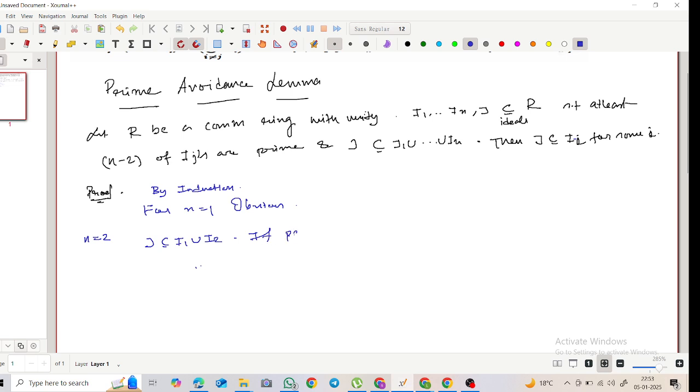If possible, let J is not contained in I1 and J is not contained in I2. So there exists x1 belonging to J minus I1 and x2 belonging to J minus I2.